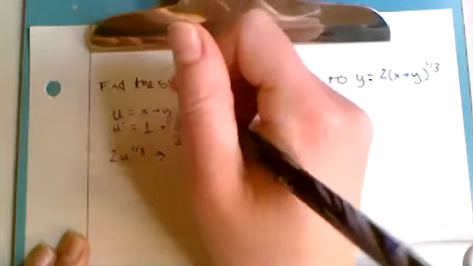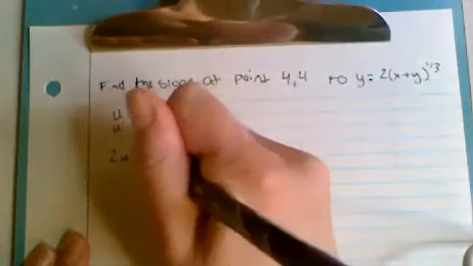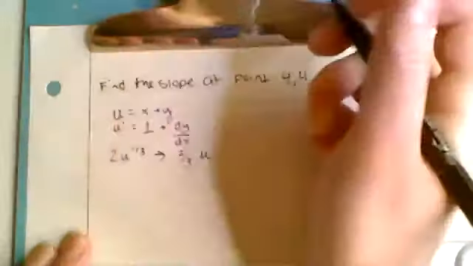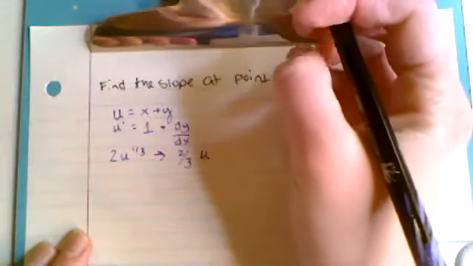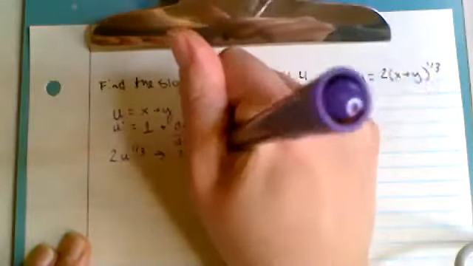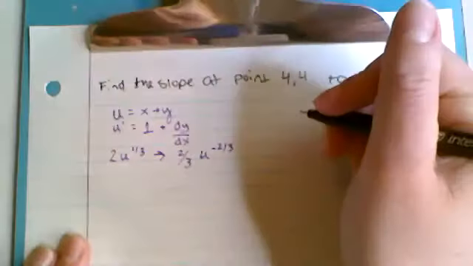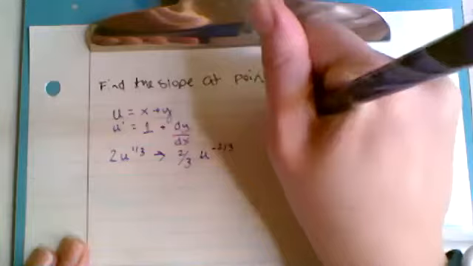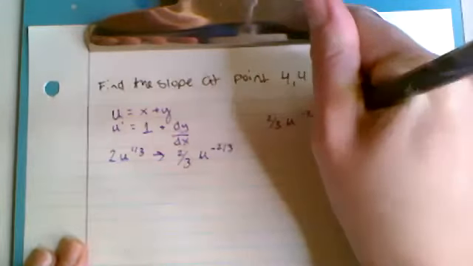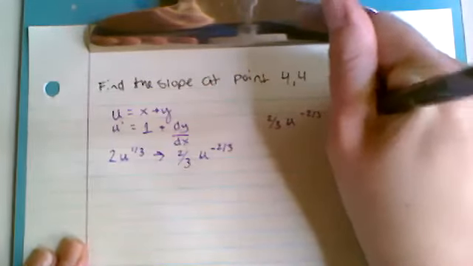I'm going to do 1/3 times 2, so 2/3 u, and then 1/3 minus 1, which gives me negative 2/3. So essentially I'm going to have 2/3 u to the negative 2/3 times u prime.